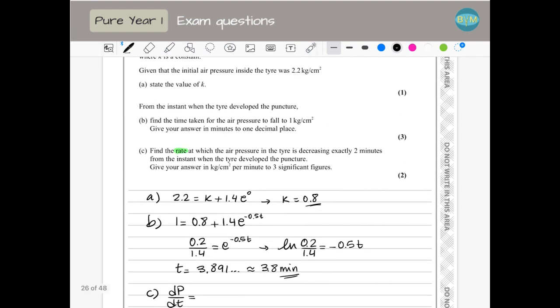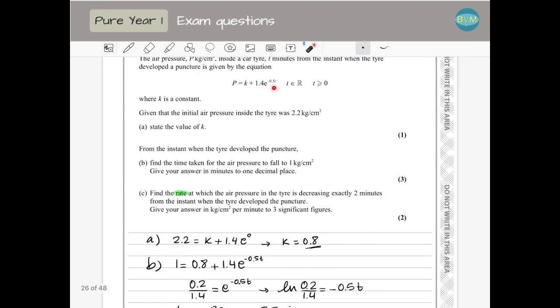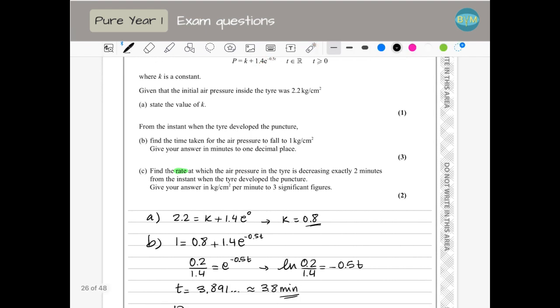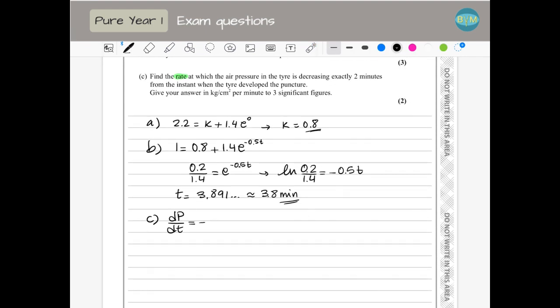This is my function. So when I differentiate this, this constant is 0, then I have minus 0.5 times 1.4 and the same function. So it's going to be minus 0.5 times 1.4 and the same function. Remember, this is how we differentiate exponentials.